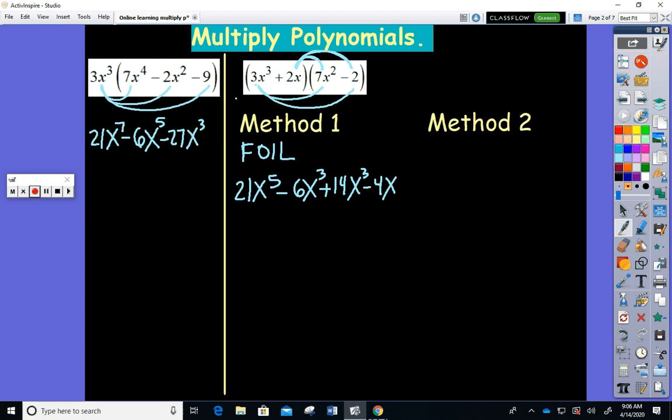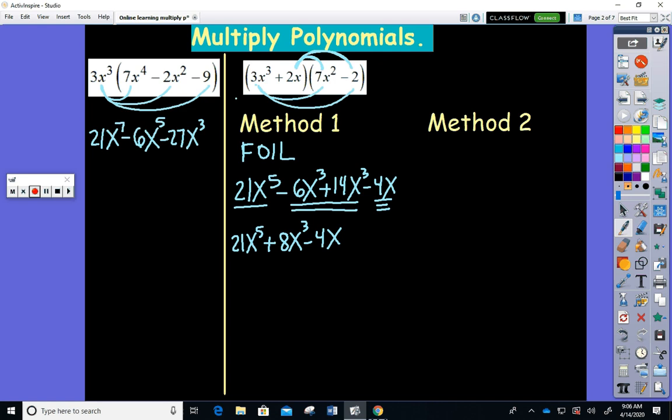So I'm saying it a little differently because of where we're headed with this. Now, you know that you say, okay, 21x to the fifth stands alone. Negative 6x cubed plus 14x cubed can be combined to 8x cubed. And then you've got minus 4x, which will stand alone. We're done. We've added our polynomials, and we've got it in descending order.